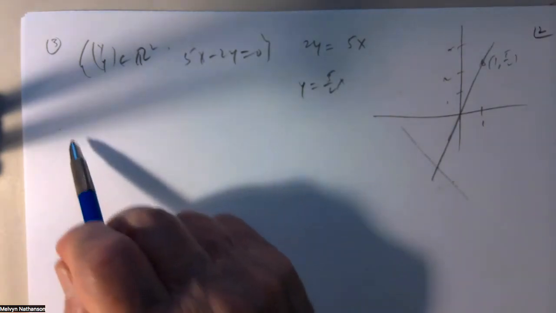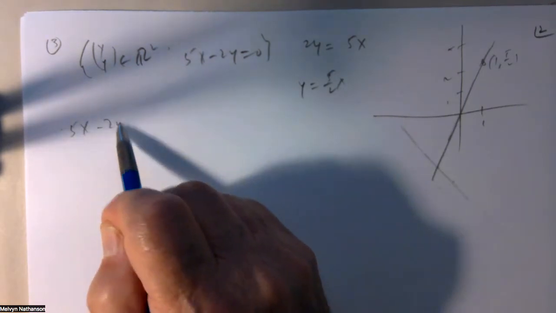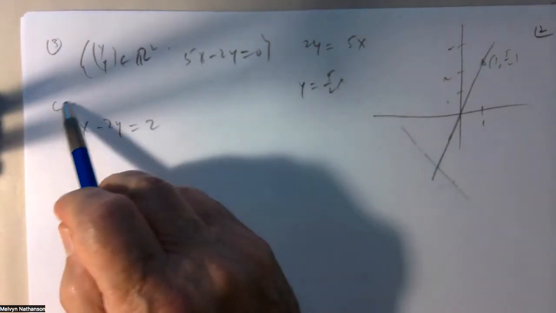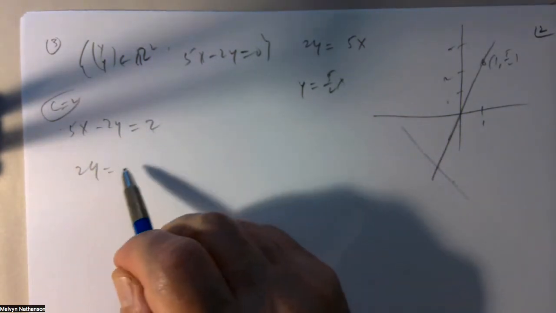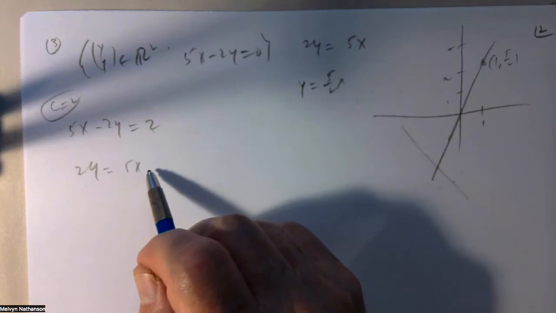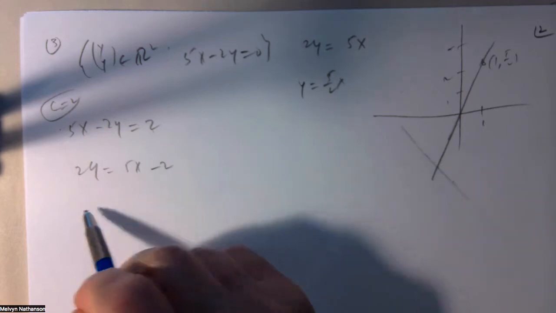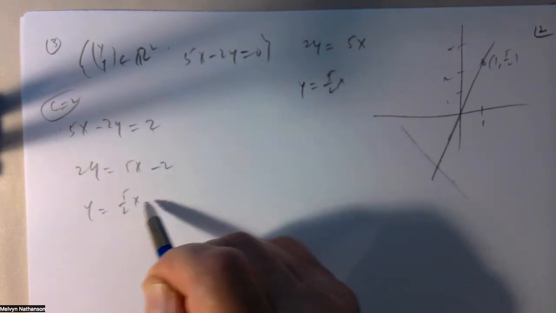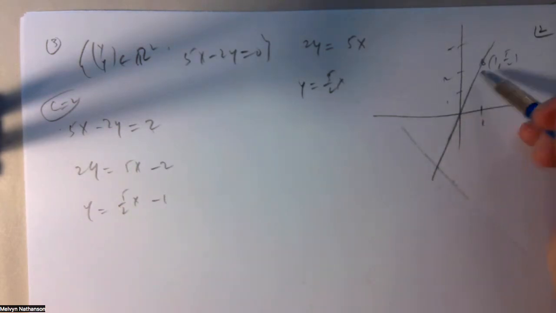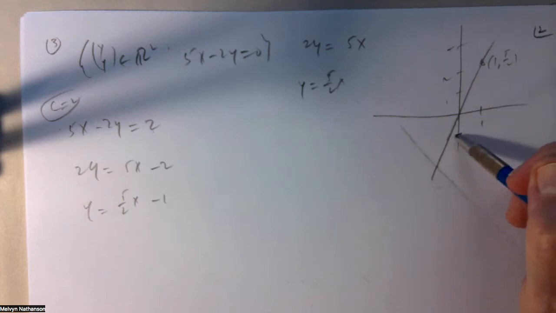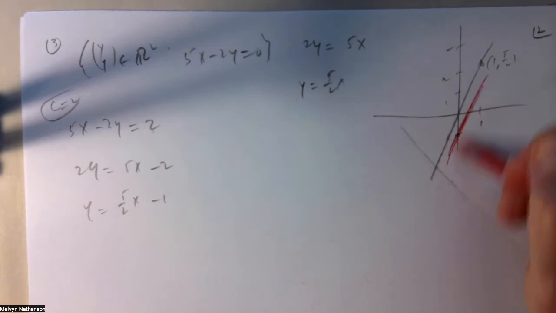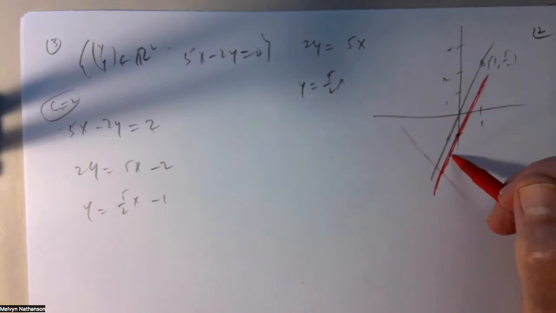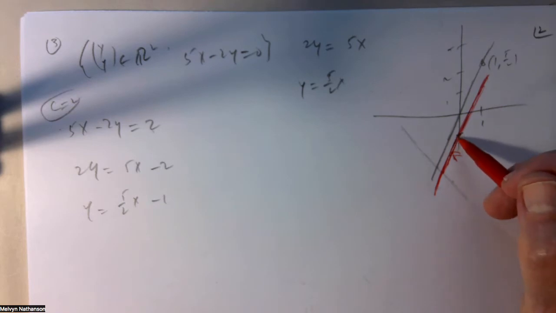And if you had something like 5x minus 2y equals 2, that's just putting c equal 2 on the right-hand side. Again, 2y is 5x minus 2, so y is 5/2 x minus 1. It's the line with slope 5/2 that has y-intercept minus 1.